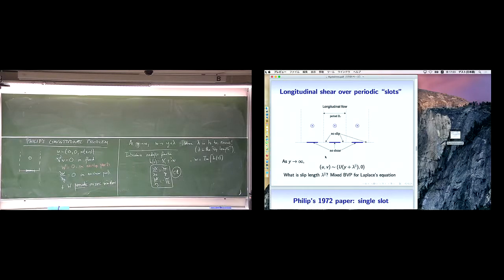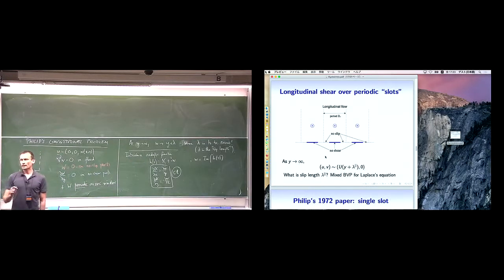Let's use the Cauchy-Riemann equations, actually, to help us see this a bit more easily. If dW by dy is 0, what does that tell us about chi on the slot? See, on the no shear slot, dW by dy is 0.